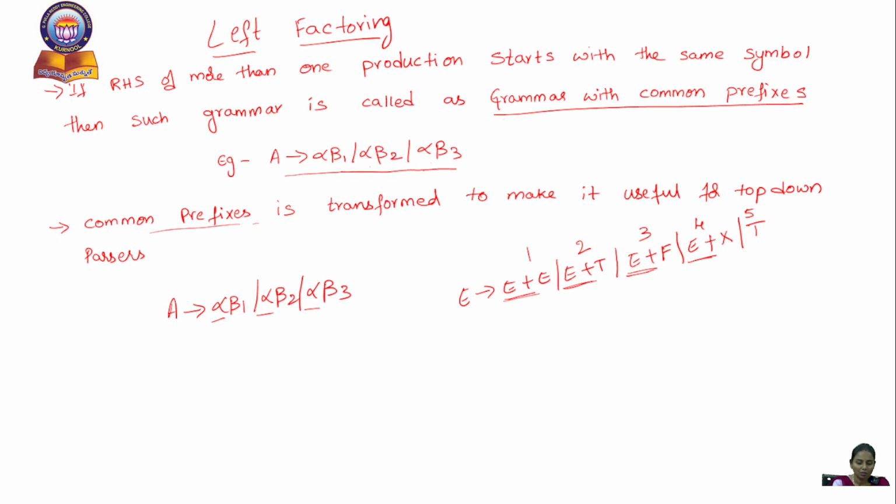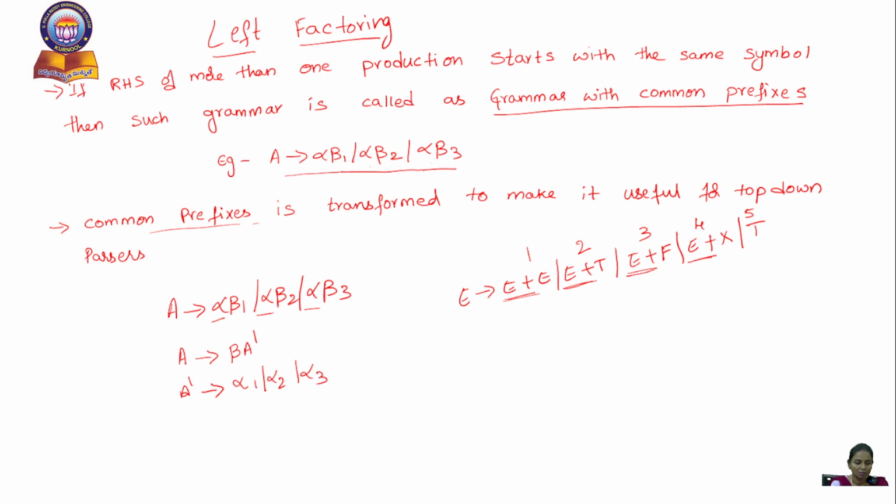So now you can write it as A derives alpha A dash, and A dash derives beta 1, beta 2 and beta 3.